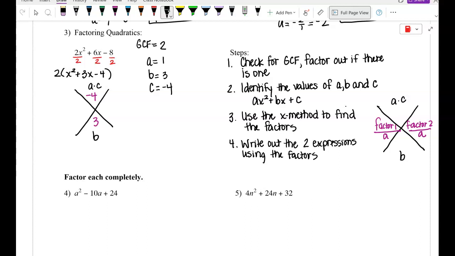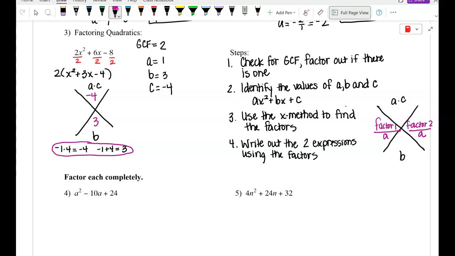I do this next step for those that are struggling to find the factors. So our first one would be negative 1 times 4 equals negative 4. Negative 1 plus 4 equals 3. And I realize we only had a couple choices of how to make 4 through multiplication. But that is the combination that makes both our product and our sum true at the same time.